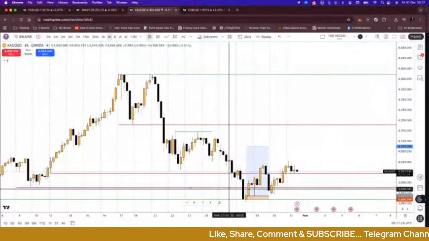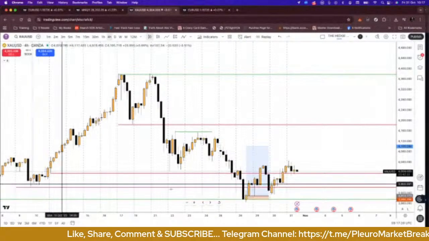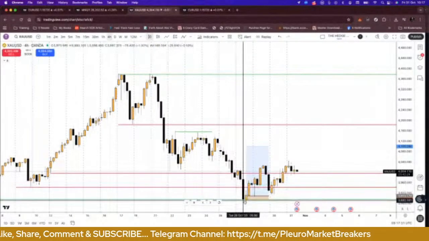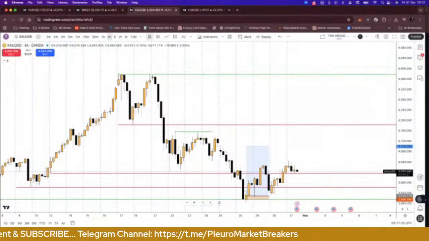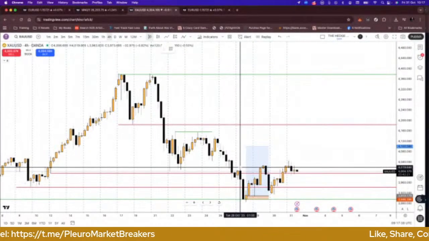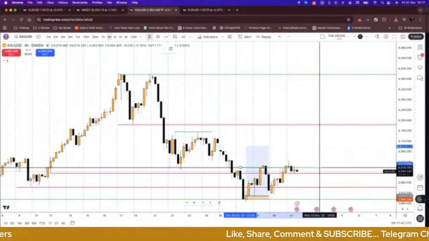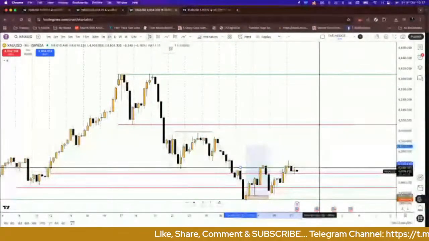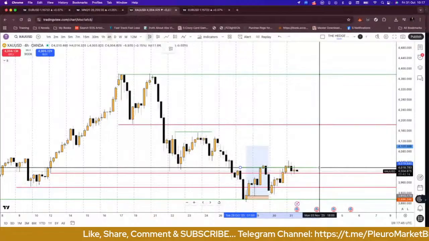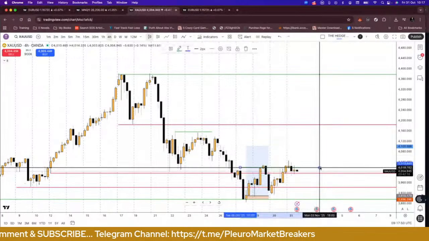And also, yes, we see the signs. That low was swept on the 4-hour chart. And then there was a change of character here. So there's a change of character there.